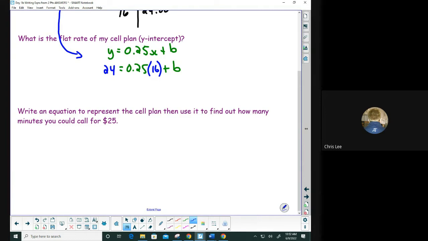Might need my calculator for this. Oh, it's 4? That's good. 0.25 times 16 is 4. Push clear. 0.25 times 16.